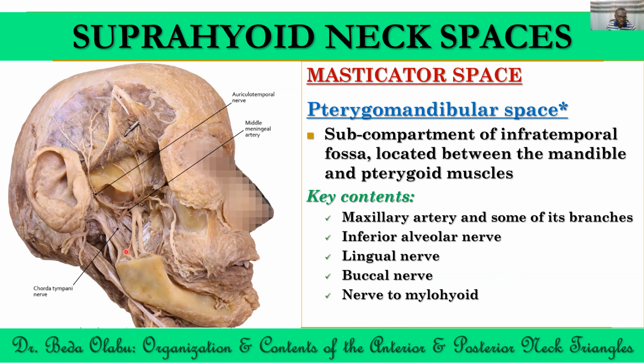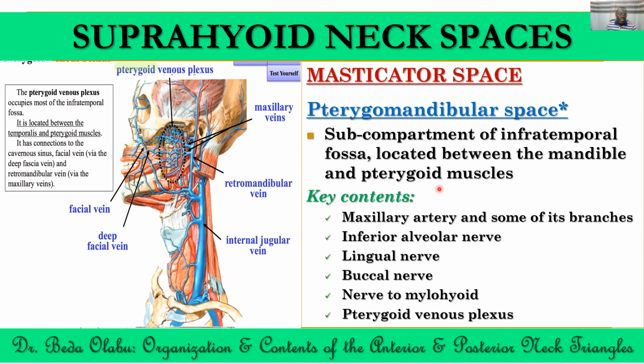We also see it in that particular space. And pterygoid venous plexus, which I've told you is also present between the muscles and also between muscles and the mandible. So it's just a small part of the infratemporal fossa. This is the pterygoid venous plexus, as you can see.